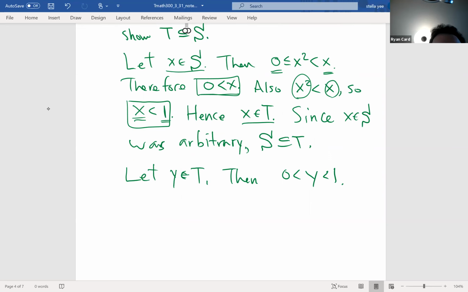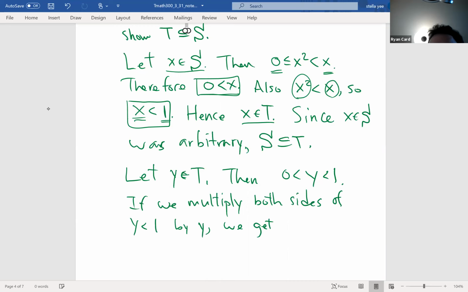If we multiply both sides of y less than 1 by y, we get y squared is less than y.